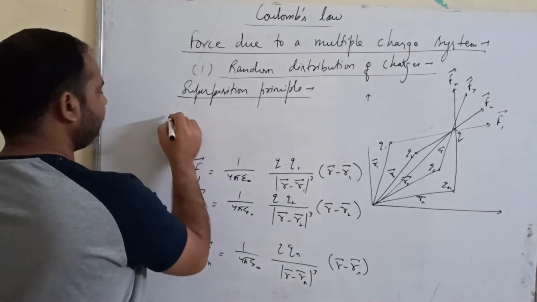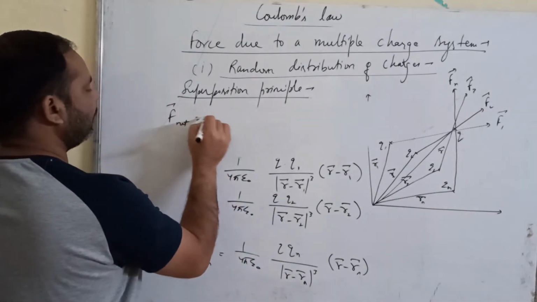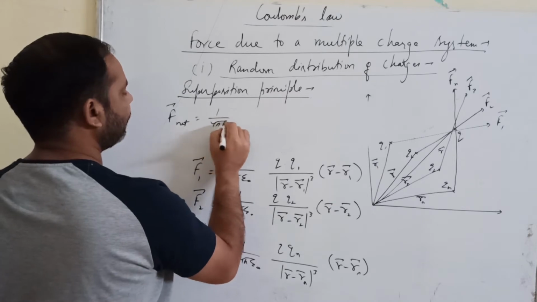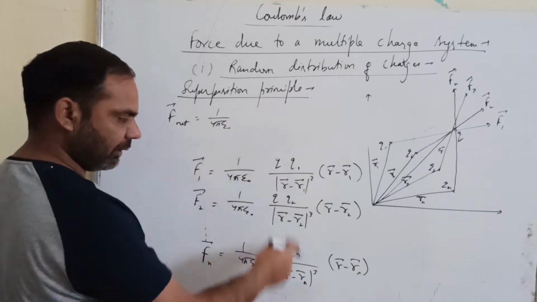the net force F is equal to 1 upon 4 pi epsilon naught. You have to add all these terms.